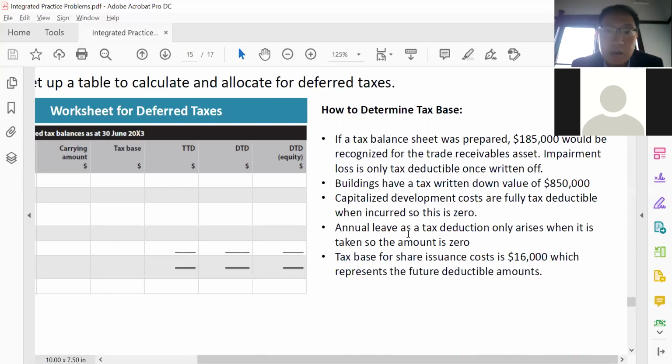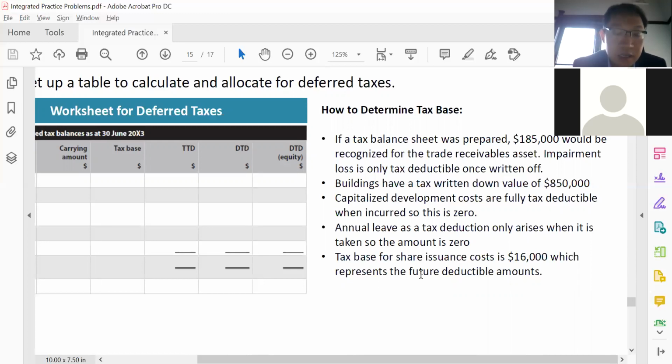And then finally, for these share issuance costs, we are told that the tax base is going to be 16,000, which represents the future amount that will be deductible. And remember, in part 1, we only deducted 4,000 of those share issuance costs.